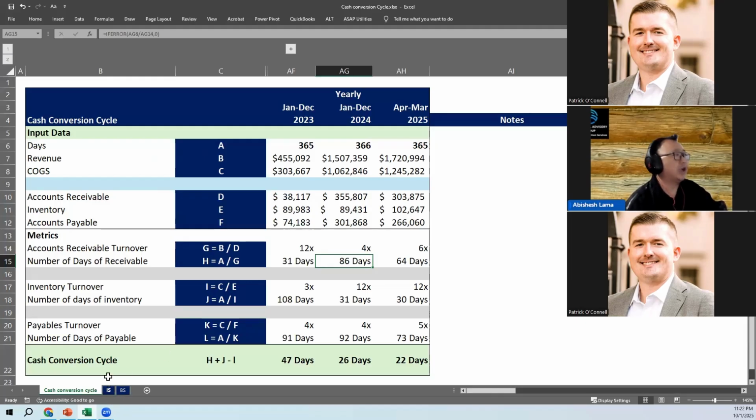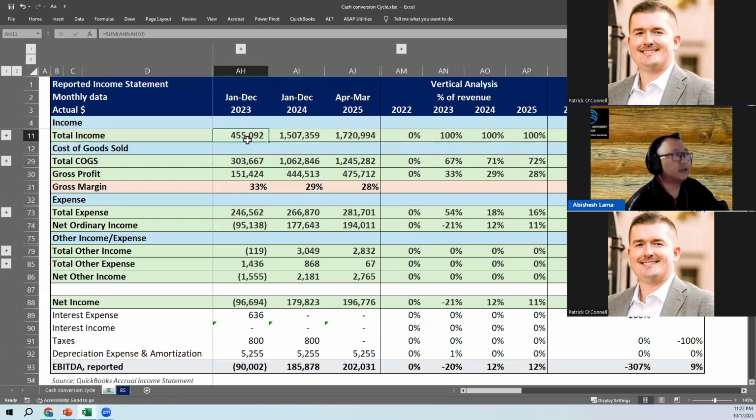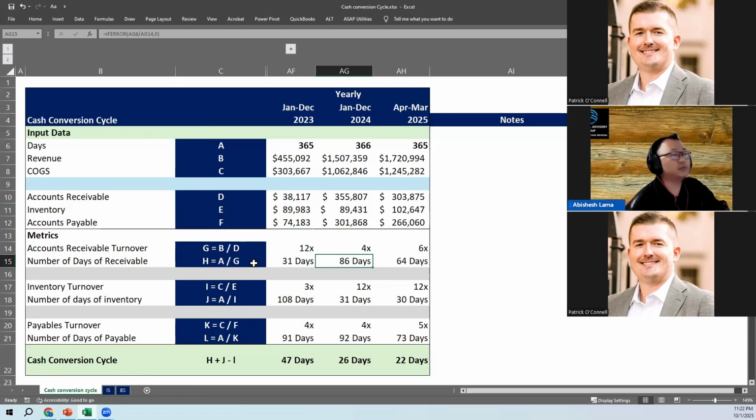Had we just looked at the income statement, we would see only the revenue growth, and we would not be able to decipher how this revenue converts into cash. By computing these simple metrics, we can get to know a lot about the operations of the business.